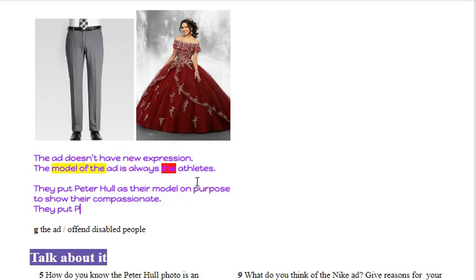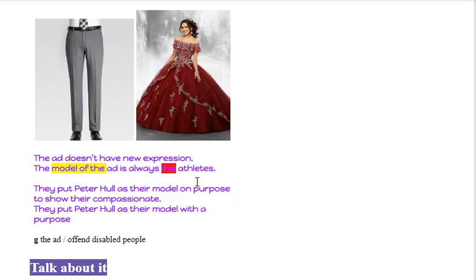They put Peter Hall as their model with a purpose, to show their passion. Compassion. Oh, compassionate is a verb. So you are referring to a noun.